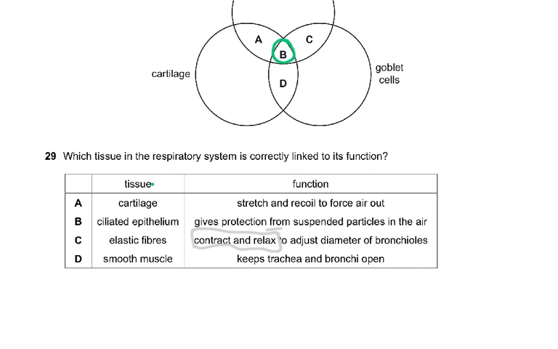How is that? So only the ciliated epithelium one is correct. Ciliated epithelium gives protection from suspended particles in the air. Why? Because all these things stick to the mucus, and then the cilia sweep the mucus up to the throat where it is swallowed, and so that is why you're protected from these dust particles and the bacteria and the viruses.